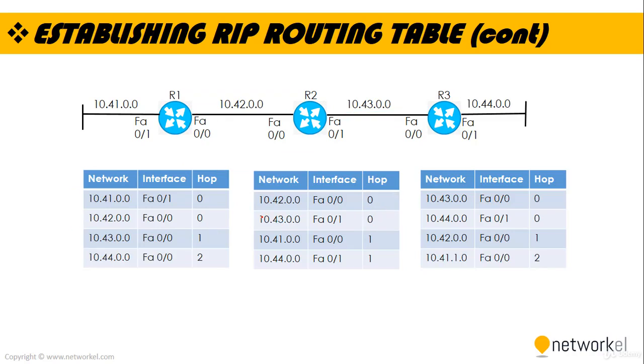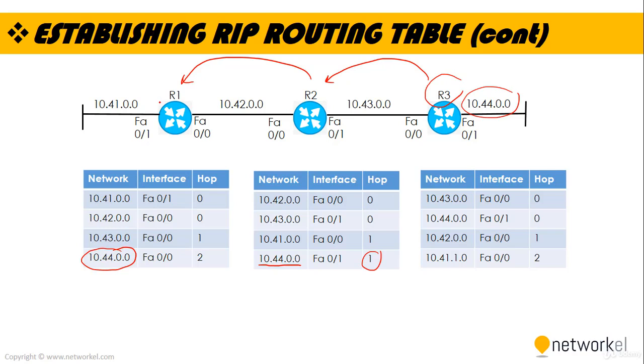Okay, then after all routes are exchanged, as you can see, the full routing table is established. For example, router 3 announced this 4.4 route to router 2 and told it that this network is directly connected to it, and router 2 installed this as one hop away and advertised this route again to router 1.